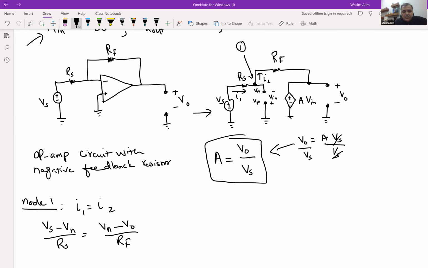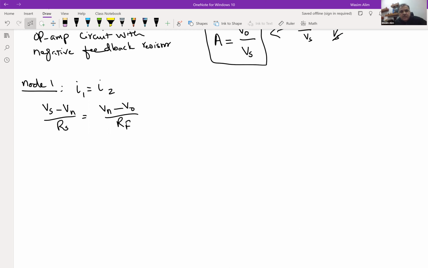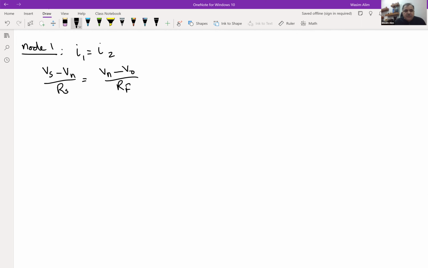If I do cross multiplication of this equation, I'll end up with RF times (Vs minus Vn) equal to RS times (Vn minus V out).